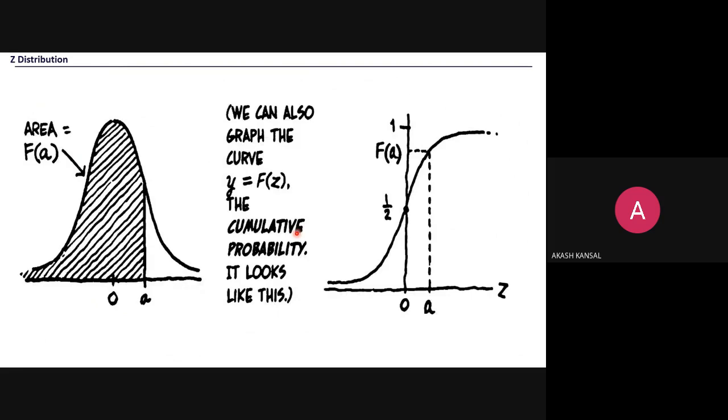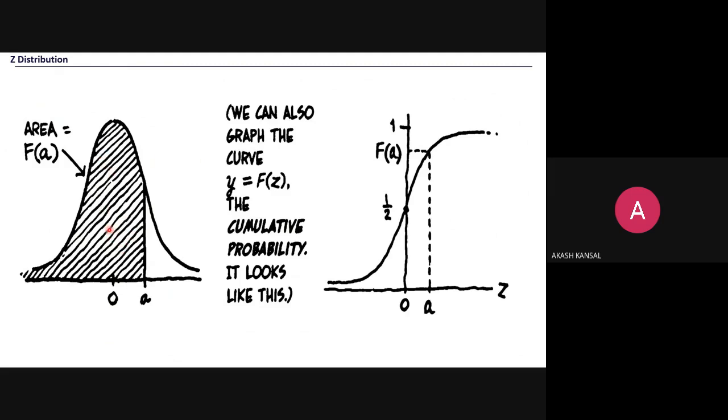Let's say the left side is the graph that you have. Since you have done a z transformation, the mean is 0, and let's say you have some value of a. Now the area F(a) would mean the probability of getting a value less than or equal to a.